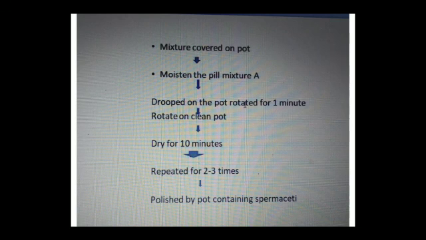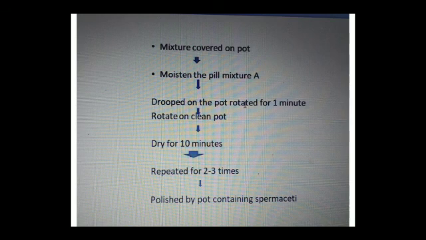The process involved in sugar coating is to spread a sufficient quantity of mixture B to cover the bottom of a coating pot. Moisten the pills with mixture A and drop them into the pot and rapidly rotate it for 1 minute. Transfer the pills into a clean pot and rotate again to detach any loosely held powder.